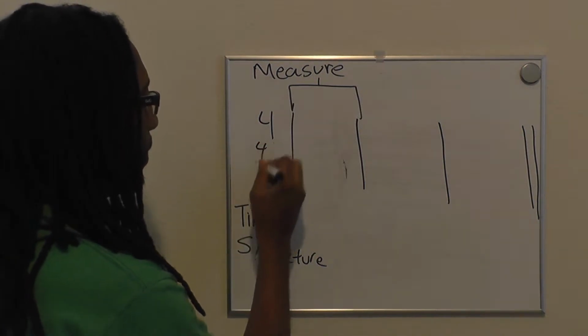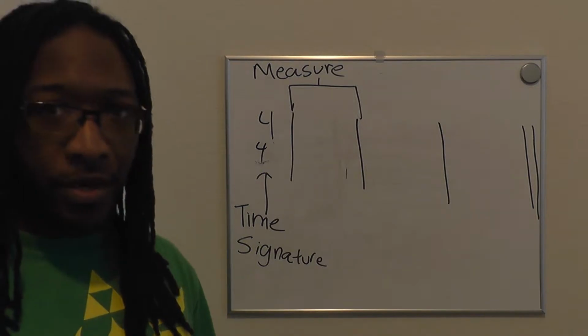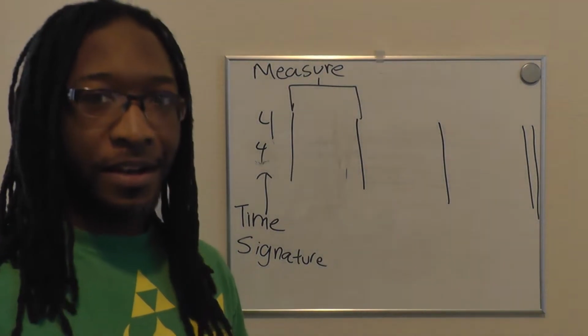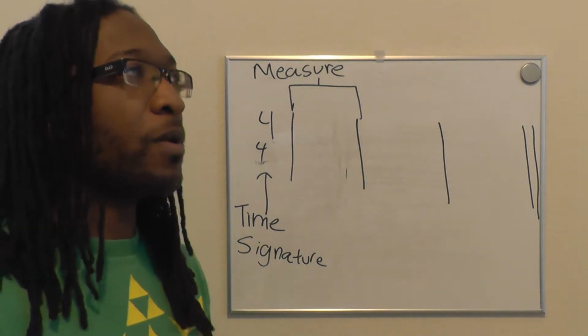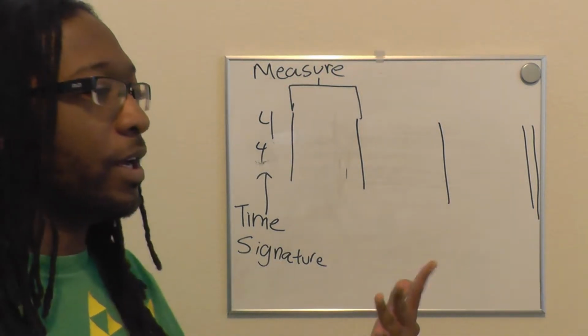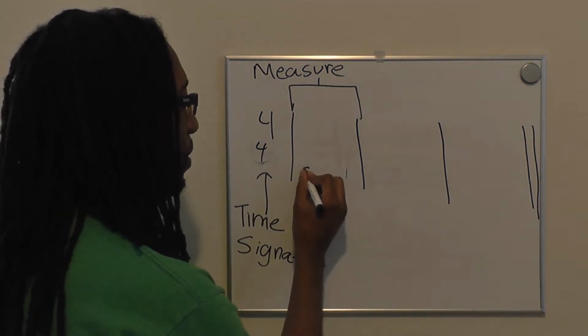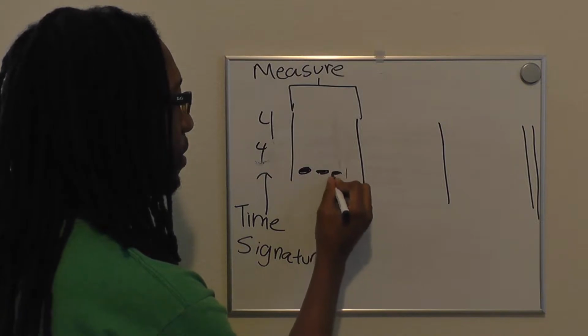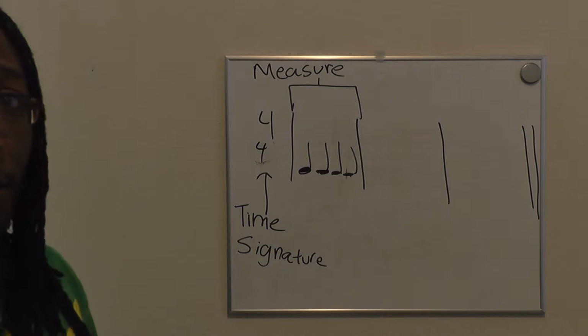Alright? So, in here, this is what you feel when you're listening to music and you're bobbing your head. You usually feel that steady beat. 1, 2, 3, 4. 1, 2, 3, 4. So if I feel that beat, I'm just going to do this real quick. So now I have 4 quarter notes here.